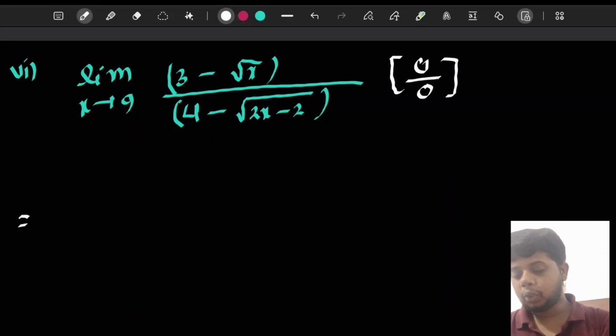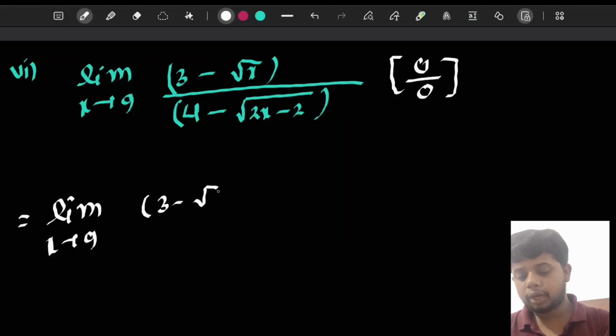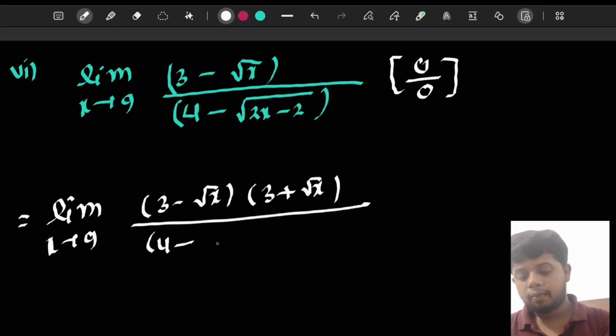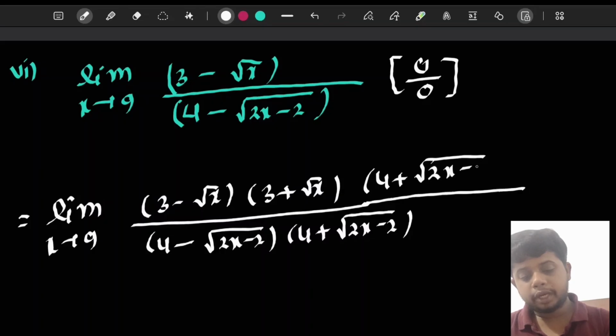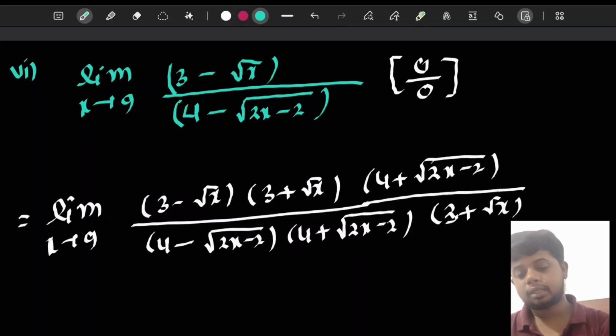So I'll get limit x tending to 9, 3 minus root x into 3 plus root x, and in the denominator 4 minus root of 2x minus 2, multiplied by 4 plus root of 2x minus 2, and this we have taken extra, so I'm also getting 3 plus root x. Okay, you'll say yes, understood.